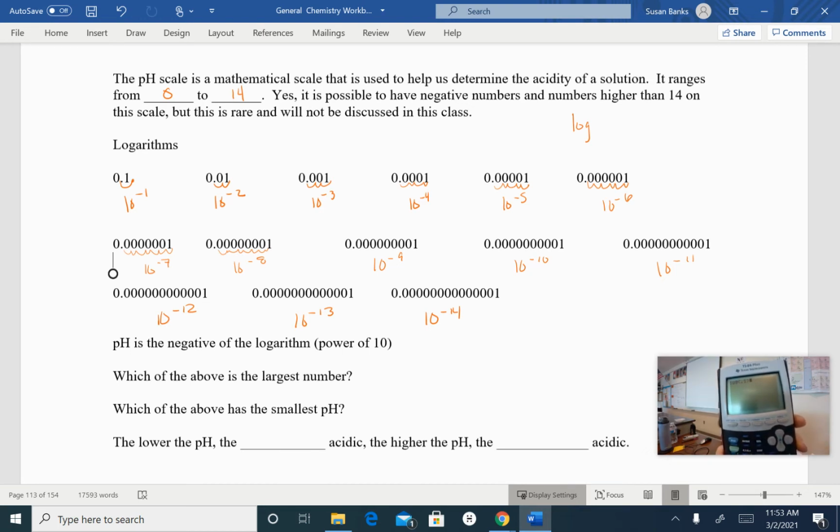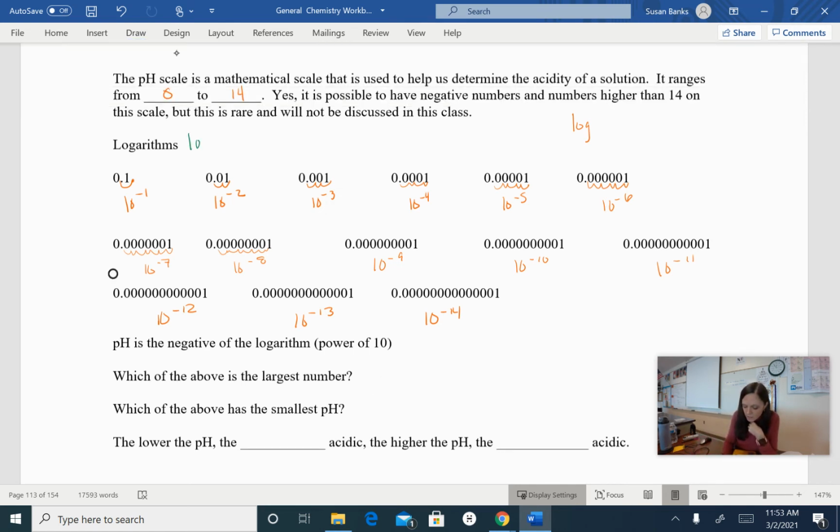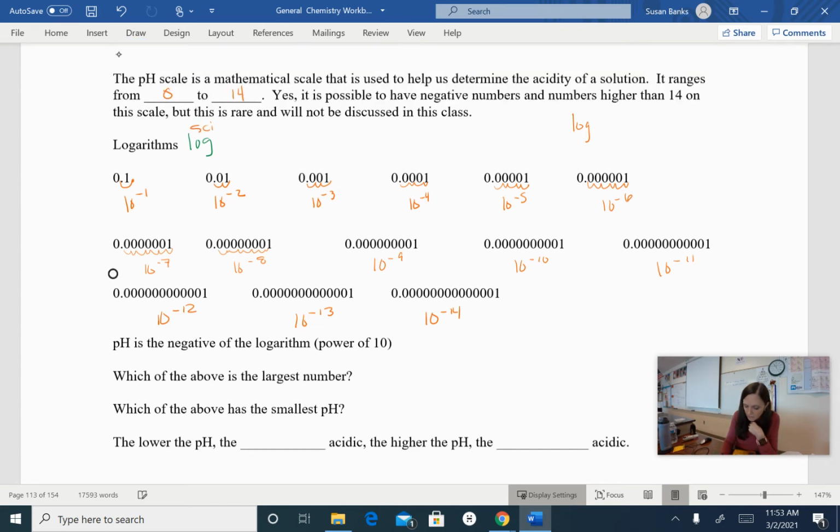Did you guys see that? Okay, and then we're going to press enter. So that gives us a log of -1. And I'm going to put this in a different color so that we can keep this straight. So our logs are going to be in green, and our orange is going to be the scientific notation.